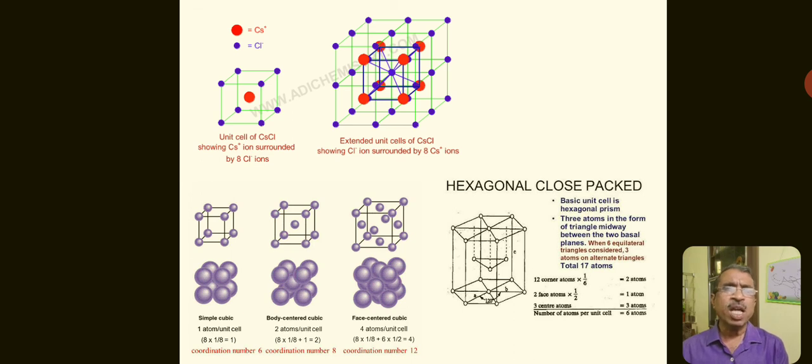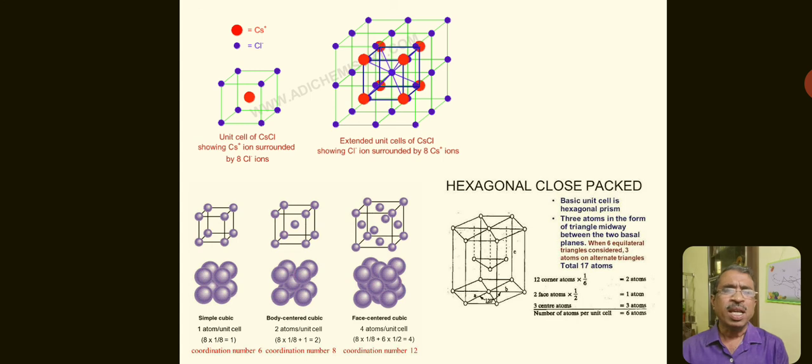These faces are shared by 2 unit cells. Therefore, since there are 6 faces, 6 into 1 by 2 will be equal to 3. Therefore, the total number of atoms in face-centered cubic lattice is 3 plus 1, that's equal to 4.